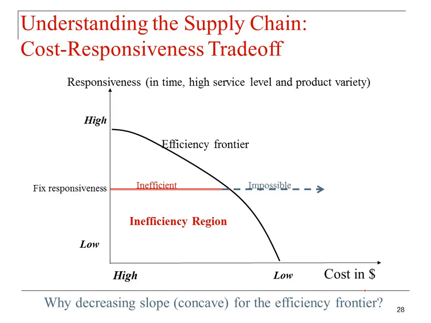If the cost is low, you can see how the curve moves in terms of being efficient. For high cost, you want to be very responsive. But as the cost goes down, you have more leverage to be less responsive. That is basically tied to the cost of your product.